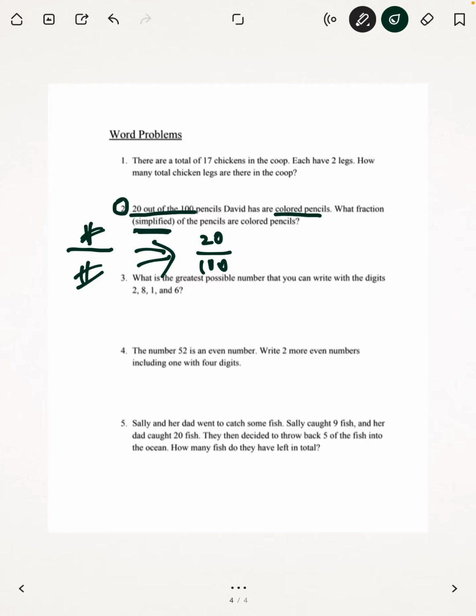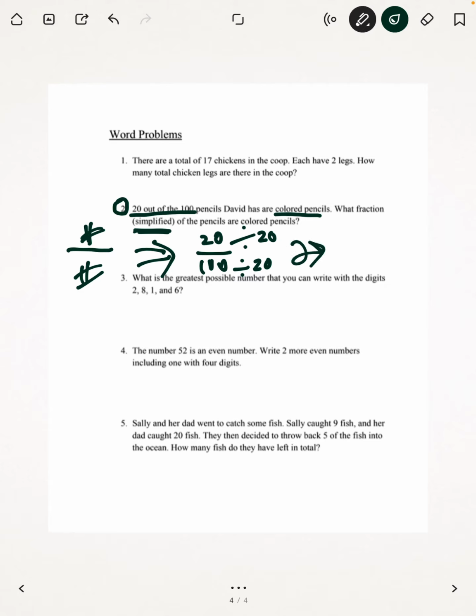And it says to simplify, the most simplified version of the colored pencils. The way you simplify is you find a common factor, the number that could both be divided, both top and bottom. And the biggest number that could be divided on both the numerator and denominator is 20.